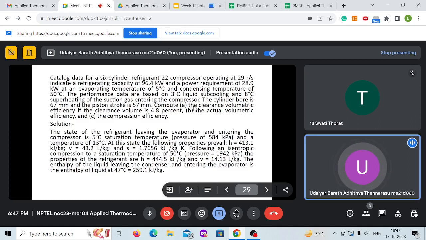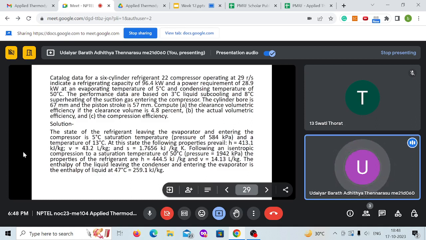Now similarly we can find all the data for 5 degrees Celsius and 50 degrees Celsius. The enthalpies are all listed. The enthalpy at the inlet of the compressor, H1, is 413.1, and specific volume and entropy are given.